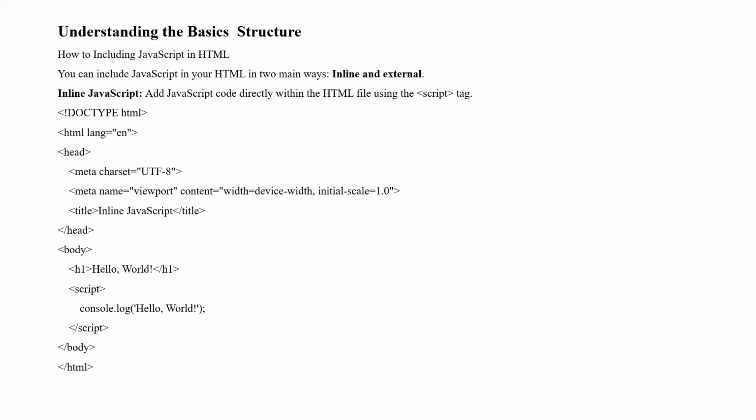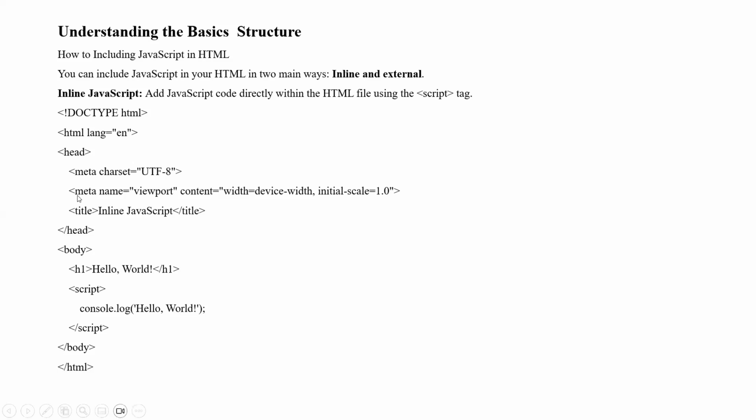So inline JavaScript is to add JavaScript code directly within the HTML file using script. So tá bá fẹ́ lo JavaScript, a máa ń lo script, ní script tag la máa ń lò anything tá bá fẹ́ kọ, it is going to be and it must be between the script tag. Can you use the body tag to add your JavaScript?